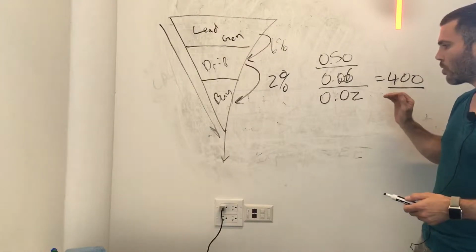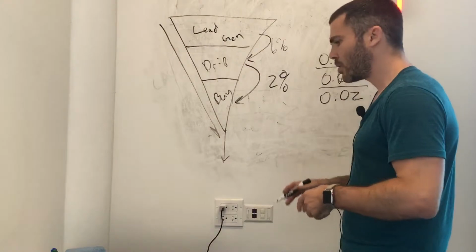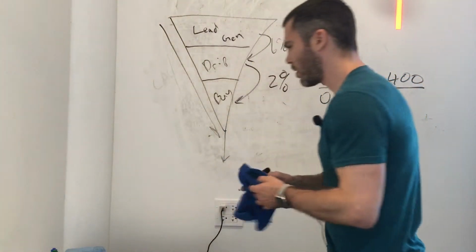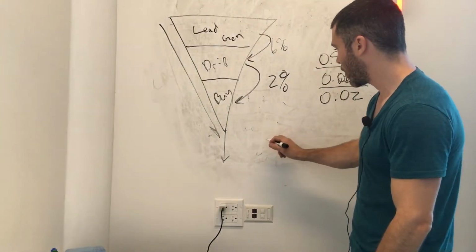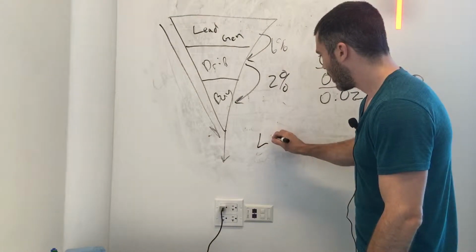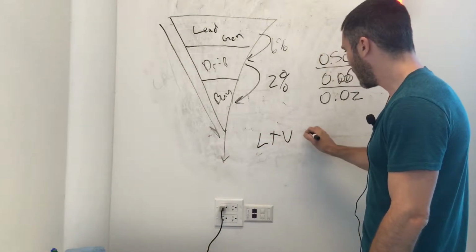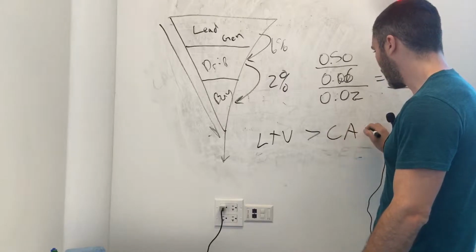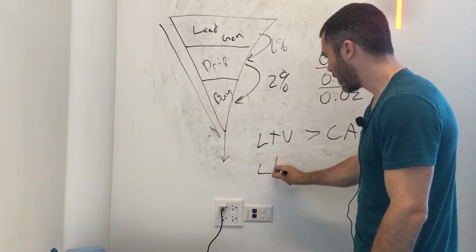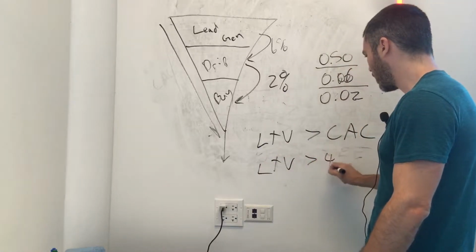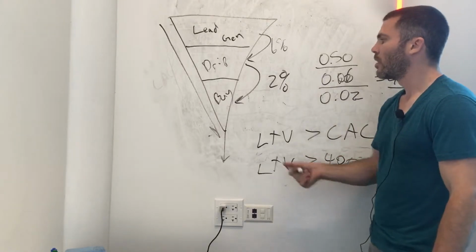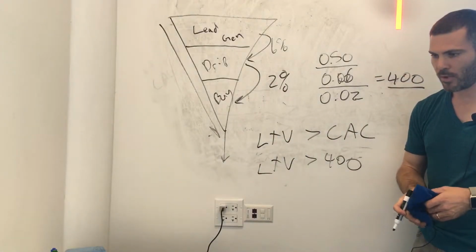So when we plug that back into our profitability equation, which again was lifetime value needing to be greater than customer acquisition cost, what we see is that our lifetime value needs to be greater than $400 for us to run this social media campaign.